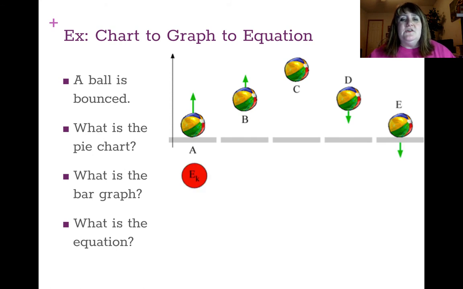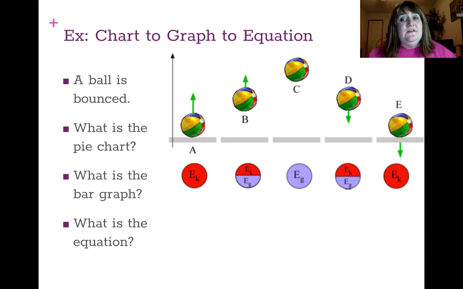So the pie charts, A would be all EK because it doesn't have any height off the ground, but it is moving, so it's all kinetic. B might be half and half. C is all EG. D is half and half. And E is all EK again, right before it hits the ground.